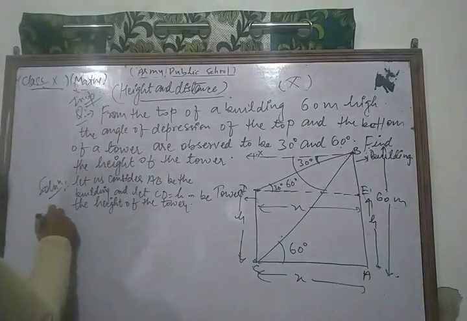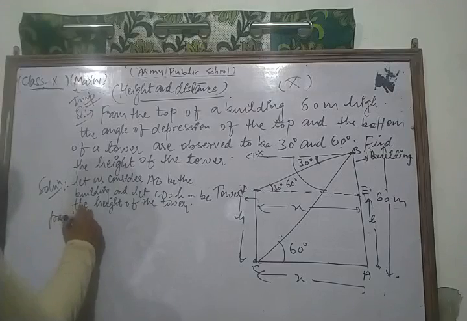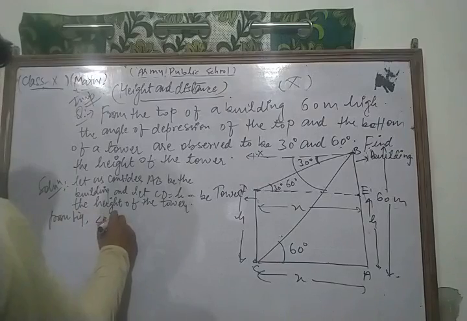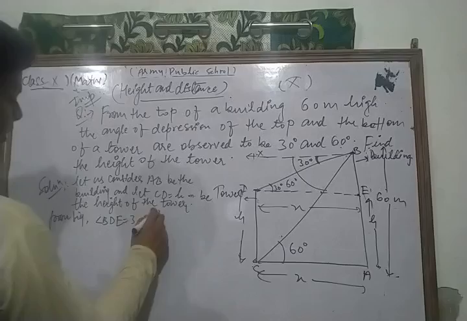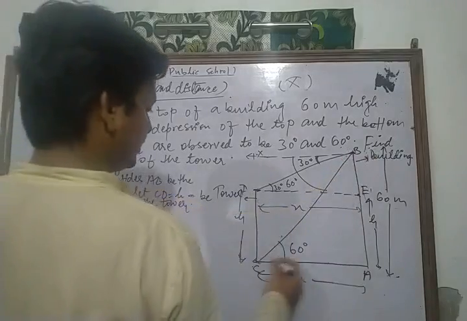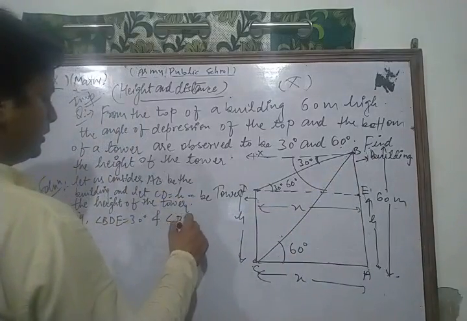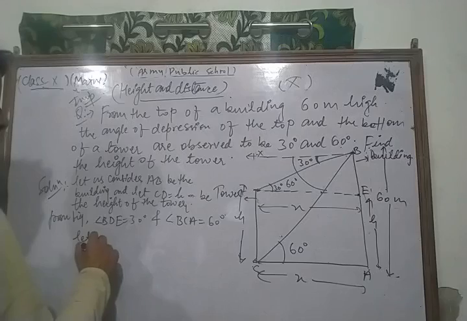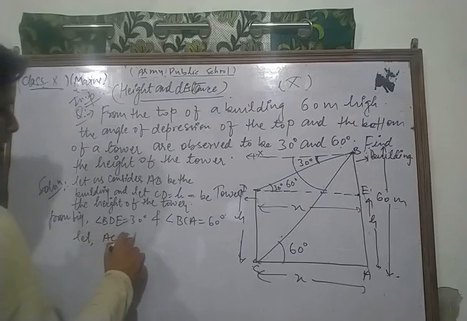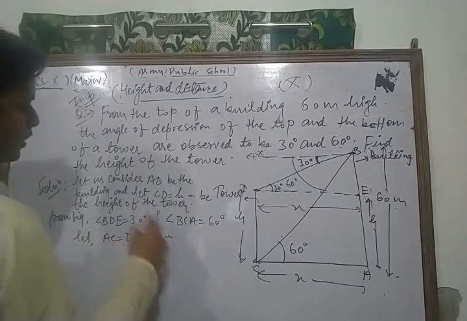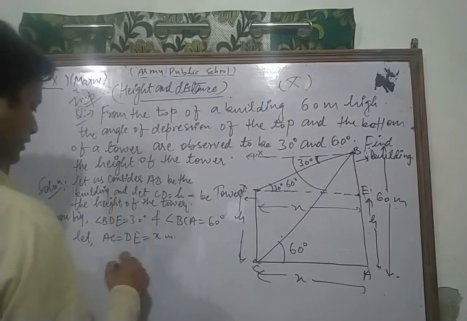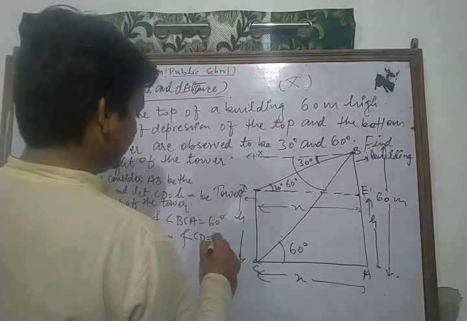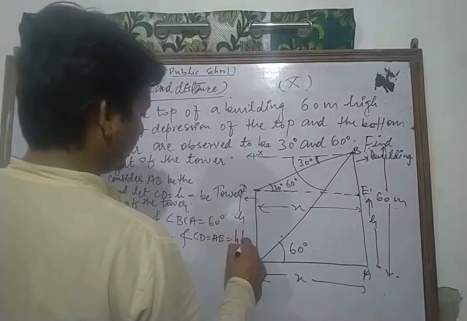Okay. So from the figure, angle BDE is equal to 30 degree and angle BCA is also equal to 60 degree. Let AC equal DE, each equal to x meter, and from the figure CD is equal to AE is equal to h meter.